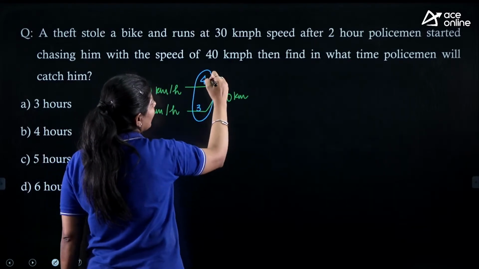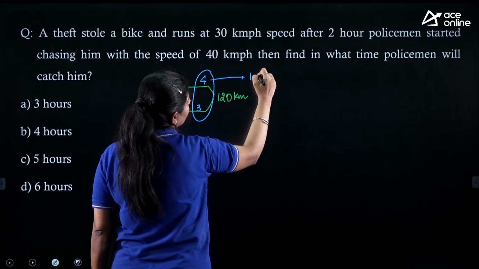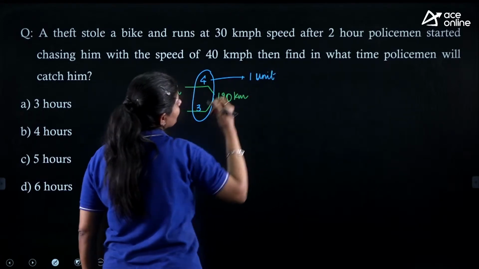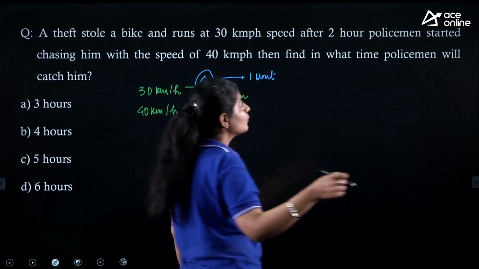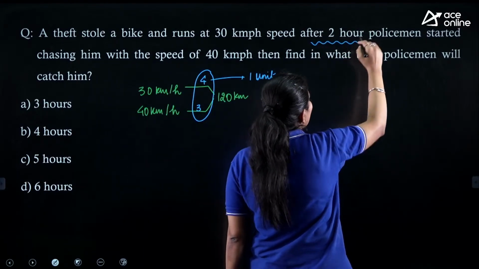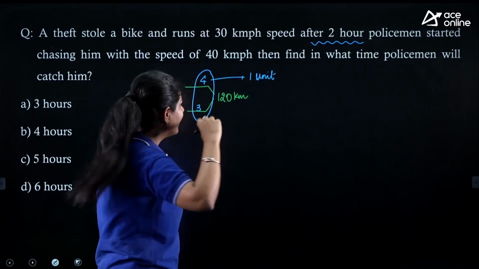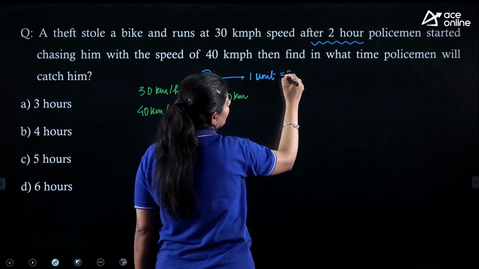The difference that we are getting is 1 unit, right? The difference that we got in the time period is 1 unit. But according to the question, police started after 2 hours. That means the value of this one is nothing but 2.